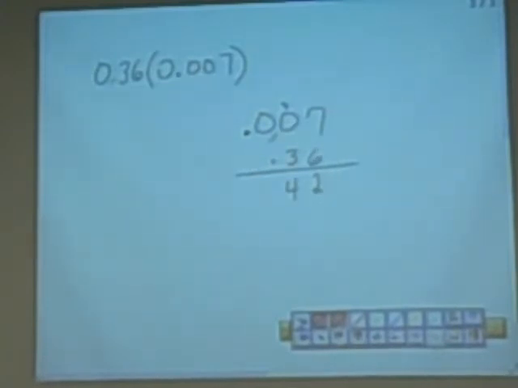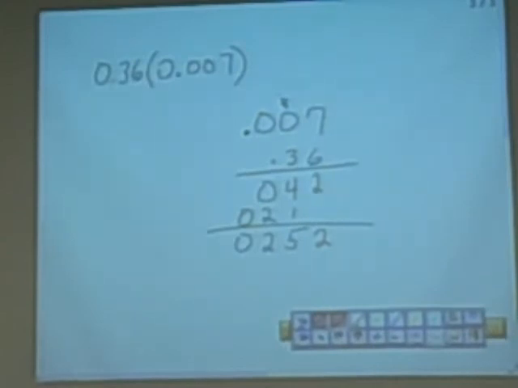And then you have to multiply 6 times 0 is 0. And then 3 times 7, 21, carry the 2. And then that'll bring the 2 down here. 3 times 0 is 0. And so we've got 2, 5, 2, 0.